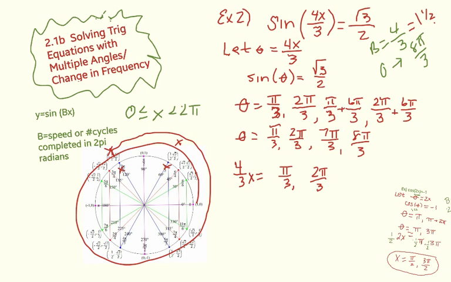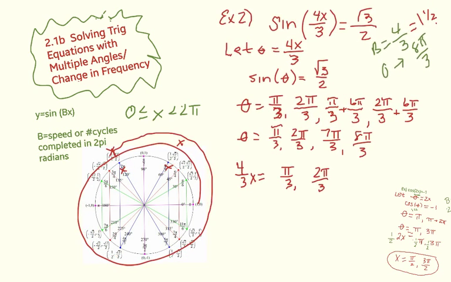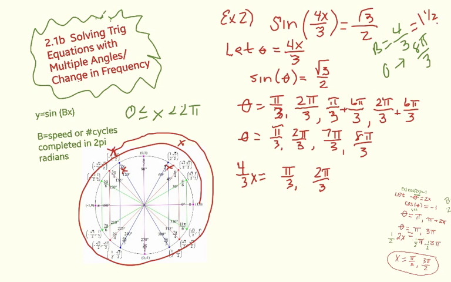Doing all sorts of wacky stuff to you here. Just trying to give myself a little room. Okay. So pi over 3, 2 pi over 3, 7 pi over 3, and 8 pi over 3.